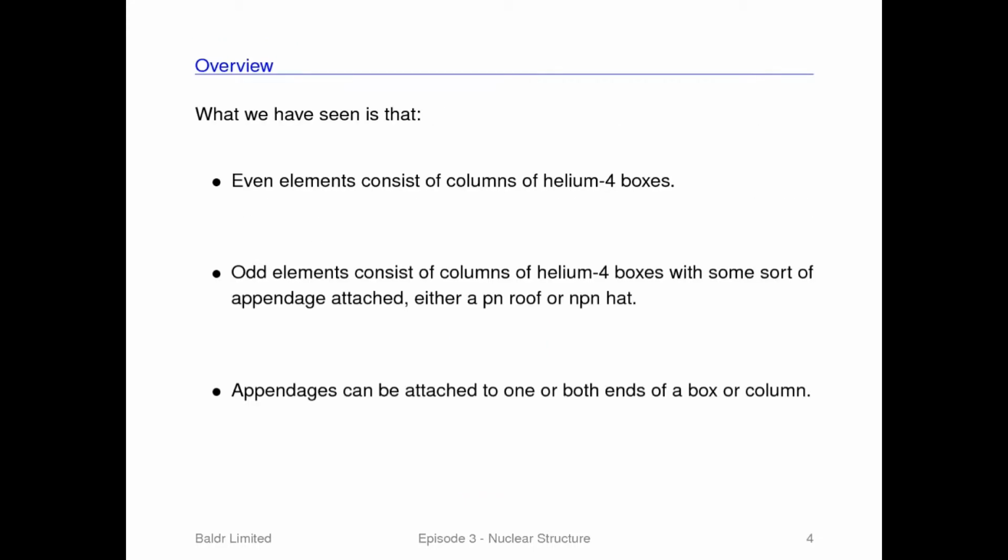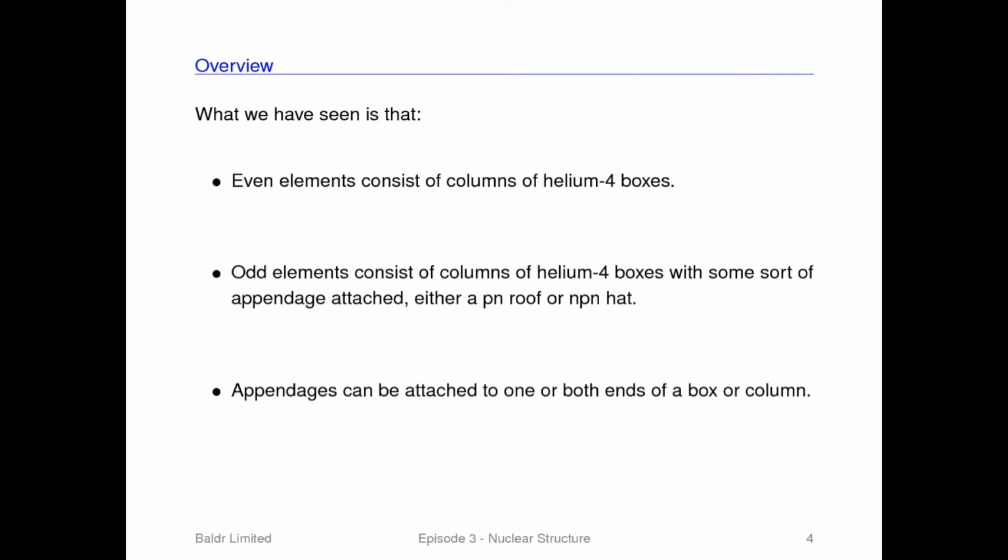Up to now we have seen that helium-4 boxes can join together to produce columns, and that these columns are the nuclei of the even elements up to calcium. The odd elements are also columns, but these have a NPN hat or a PM roof attached to them. Moreover, some nuclei, for example beryllium-9, actually have 2 appendages attached to them, one at the top and one at the bottom.